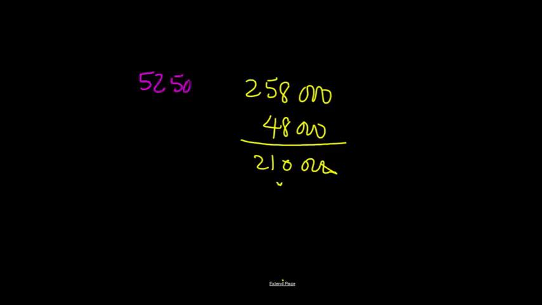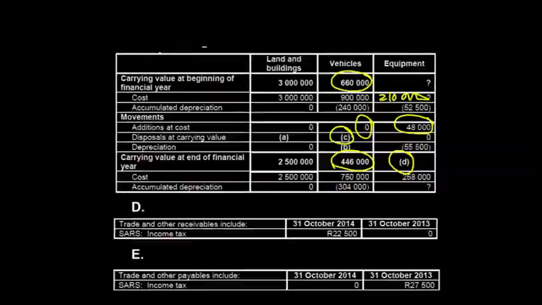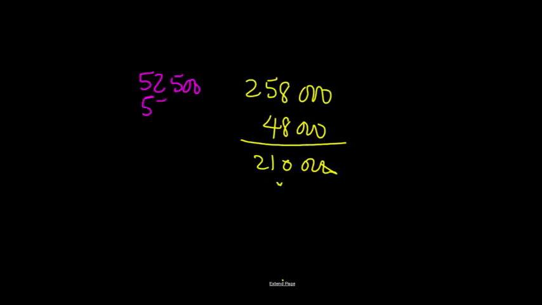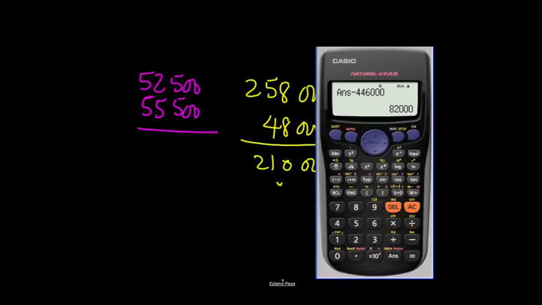52,500 plus the other figure that I've got here, which is my total depreciation for this year, 55,500. Let me add 52,500 plus 55,500, which is equal to 108,000.